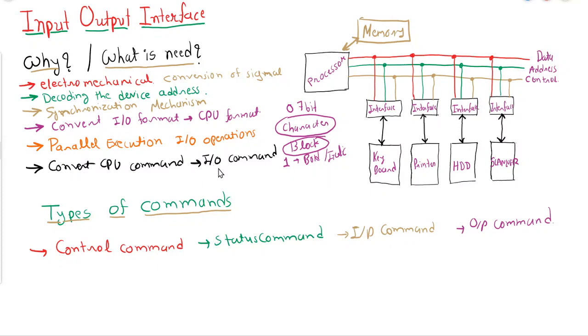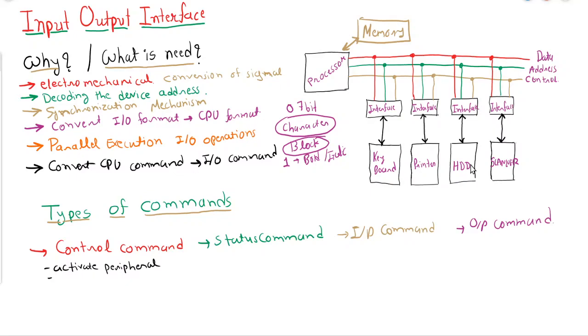The first command is control command. Mainly this command is used to activate the peripheral. For example, with a hard drive, it will activate the device and tell it to rotate the platter at a specific speed, and then it will send a command to the arm, which will read the data from the platter.